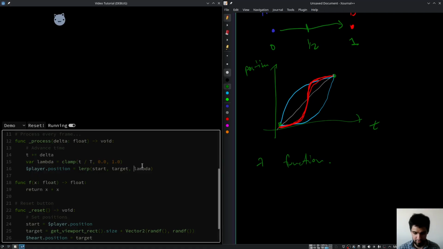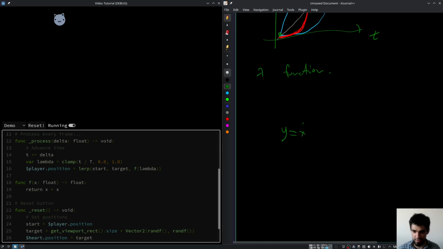And we do that to f of lambda. And so what will this do? We know the y equals x squared function, what that looks like. That's just like this, right? But interestingly, it goes through the 1, 1 point and through the 0, 0 point, because 1 squared is equal to 1. So this is going to be a good approximation for an ease out kind of function.